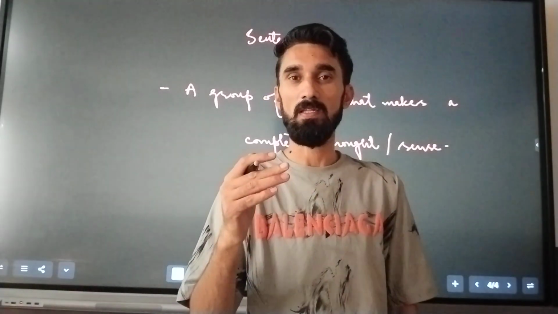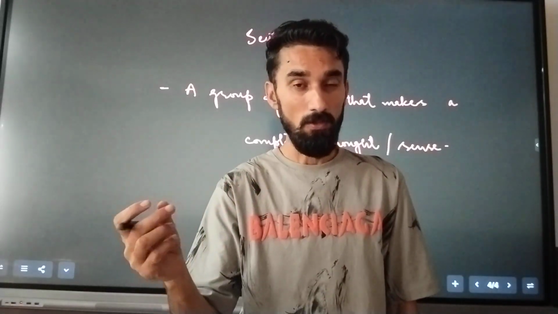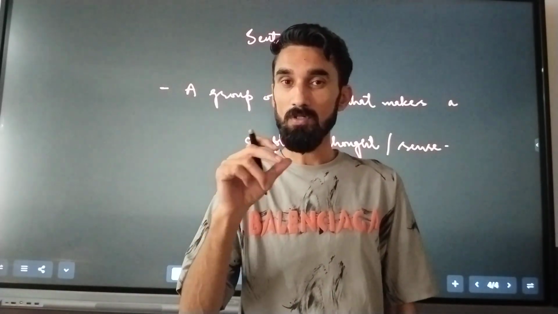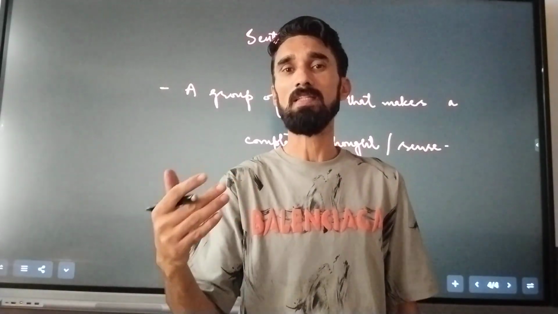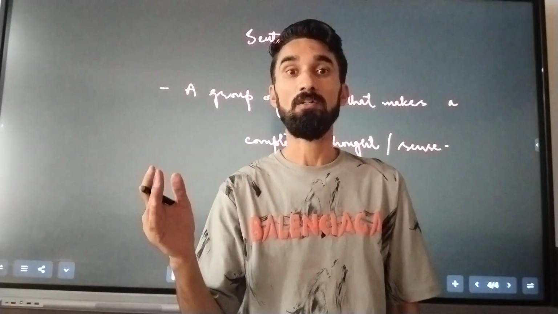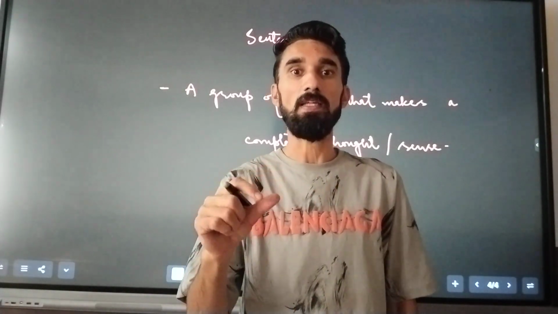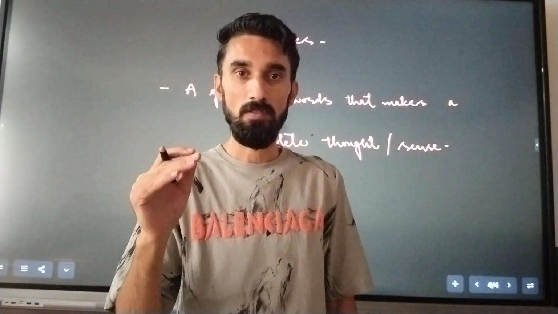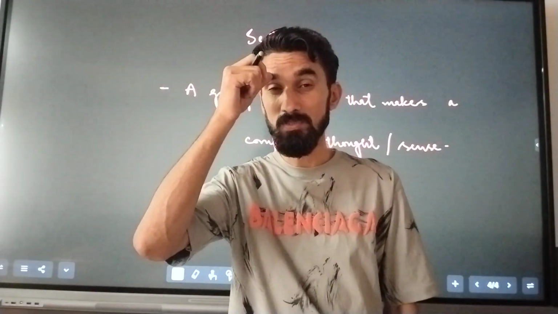Somewhere you may be speaking with some care, with affection or with love, or somewhere you may be angry over someone. There your tone will be something different, and somewhere you may be excited, you may be nervous, you may be happy, or you may be sad also. So based on these feelings or these expressions, the sentences have been categorized into different kinds, and you must be knowing about that.